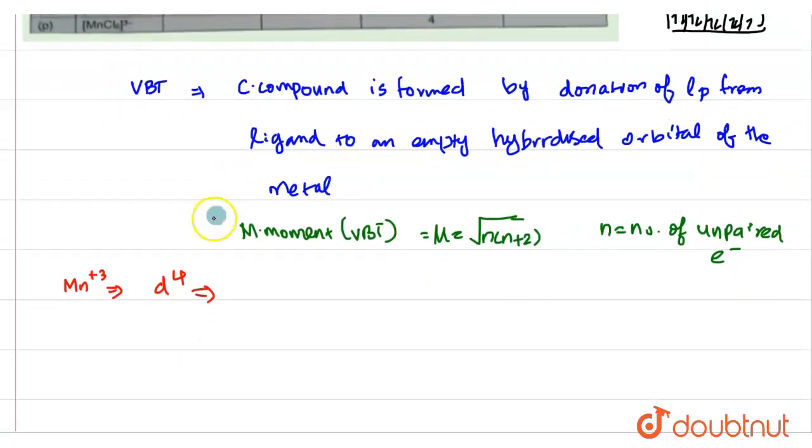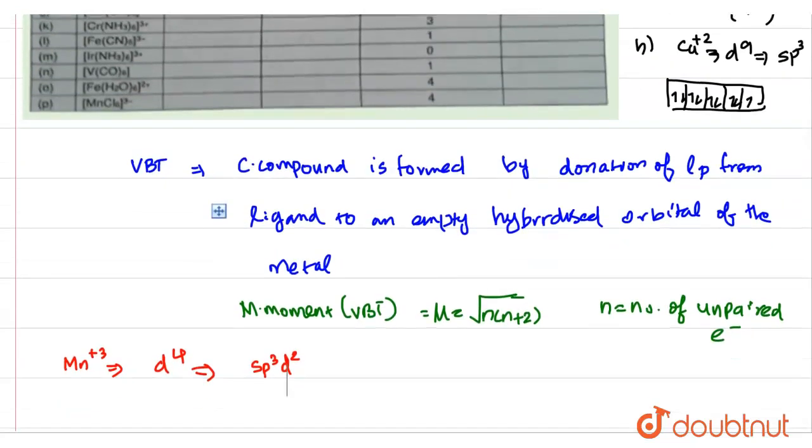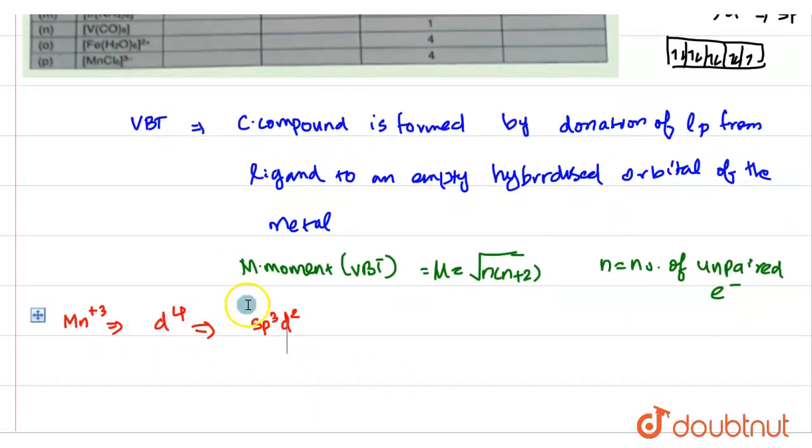So 2 unpaired electrons means it will have hybridization of d. Not sp3d2, it will be d2sp3. d2sp3 hybridization will be present.